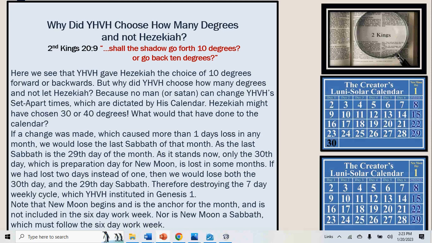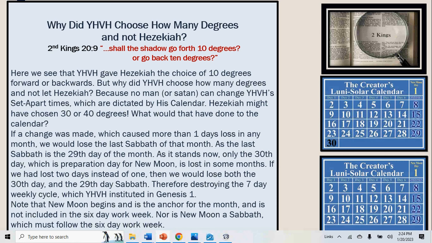Hezekiah might have chosen 30 or 40 degrees, and what would that have done to the calendar? If a change was made which caused more than one day's loss in any month, we would lose the last Sabbath of that month, as the last Sabbath is the 29th day of the month. As it stands now, only the 30th day, which is preparation day for new moon, is lost in some months.